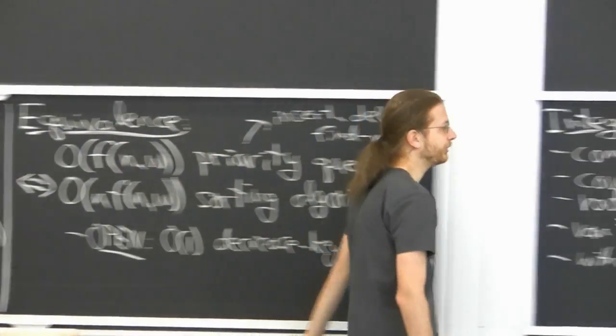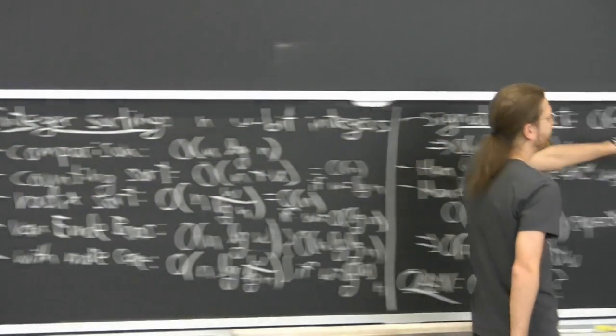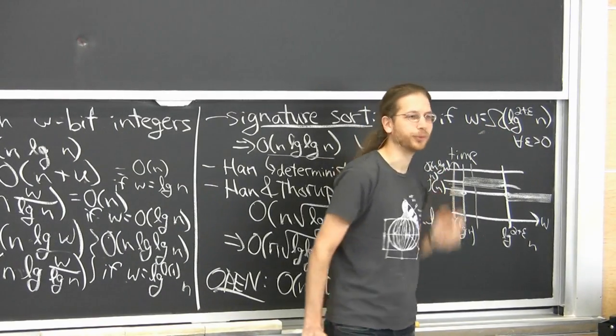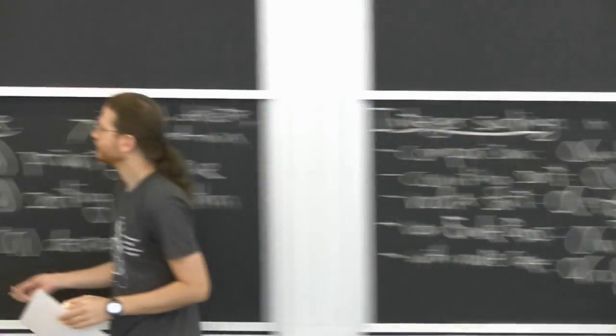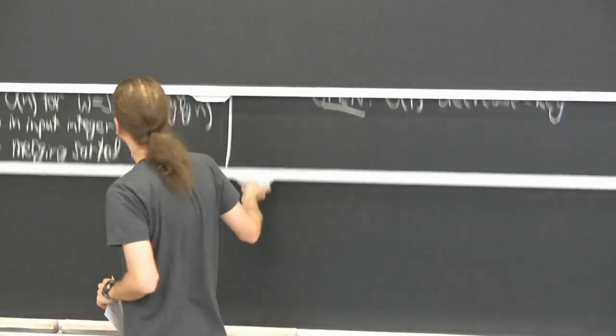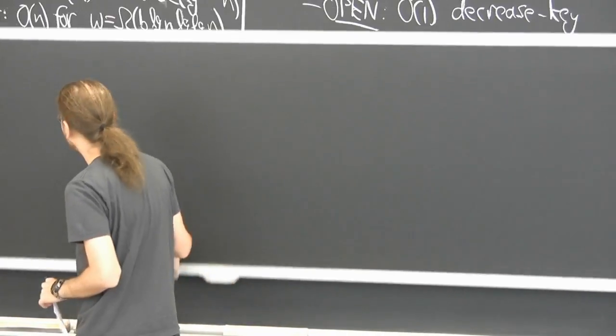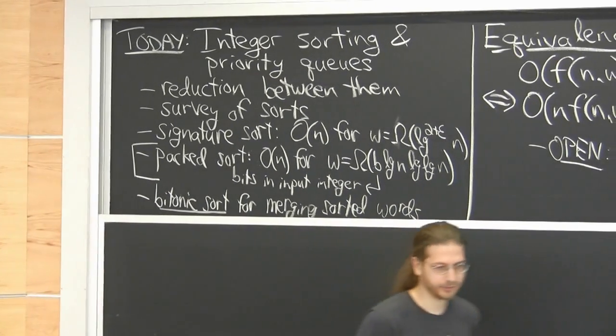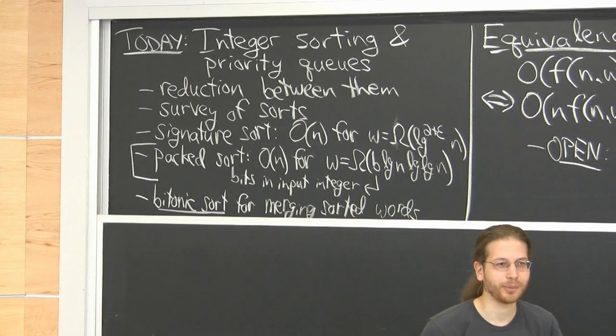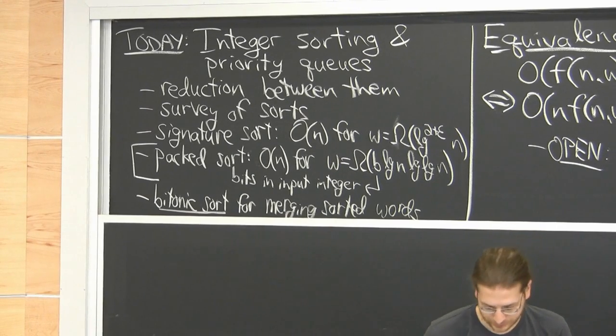And as you might imagine, this log to the 2 plus epsilon buys you a little bit of room with some tricks, namely hashing. All right, but that's where we're going. And we'll use yet another sorting algorithm, bitonic sort, which you may have seen. It's a sorting network. It's in CLRS up to the 2nd edition, but it got removed from the 3rd edition.